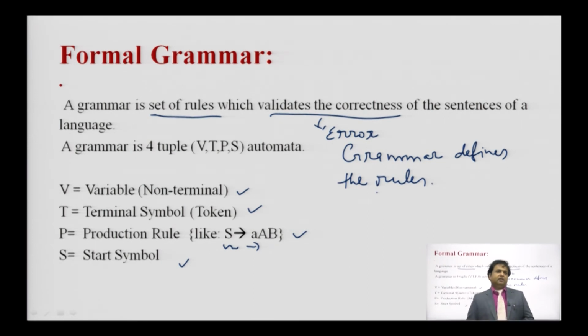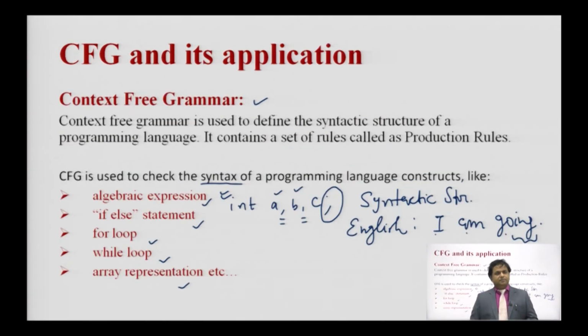And the grammar is a 4-tuple: the variables, terminals, production rules and starting symbol. Context free grammar is basically used for the syntactic structure. We can decide the syntax of the programming language, of different language constructs such as algebraic expressions, if else statement, for loop, while loop, array representation. So, we have to write the grammar for each language construct.